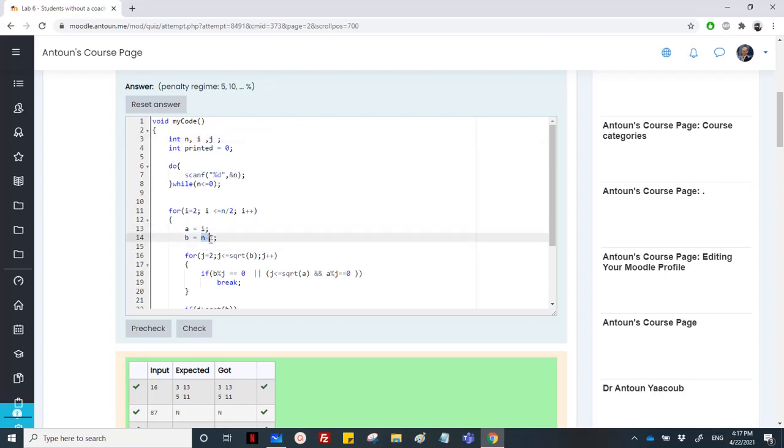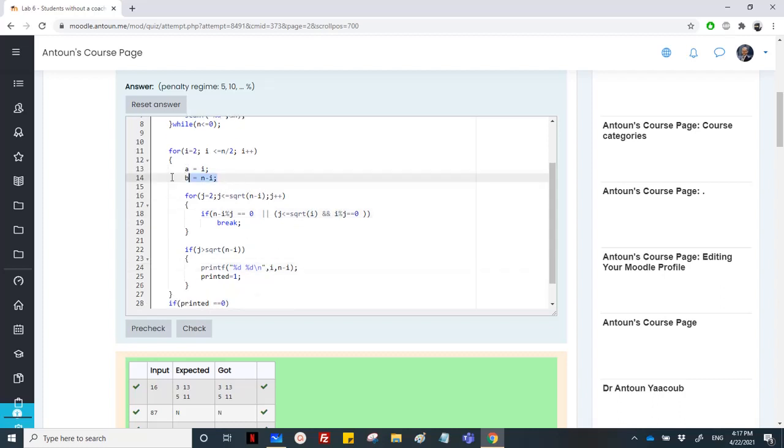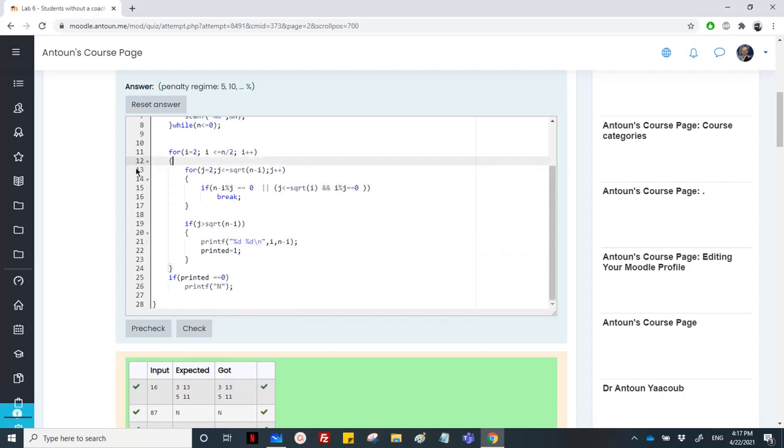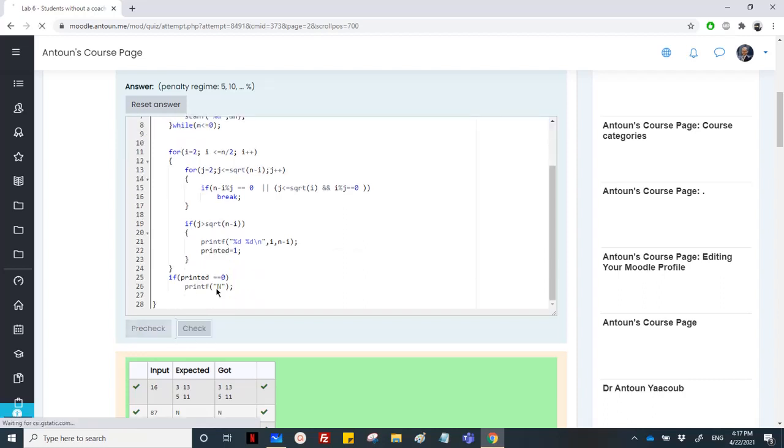So instead of b, I will use n minus i, and instead of a, I will use i. So it will be more convenient. So I have just reduced the number of variables to just one number n and 2 counters, and a flag to check whether I have printed a pair, yes or no.